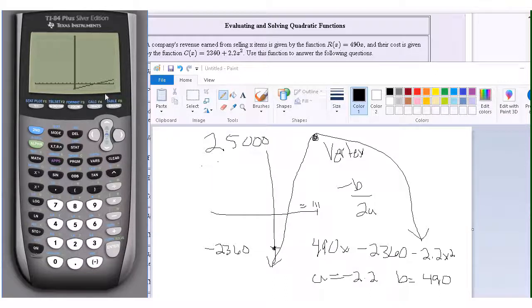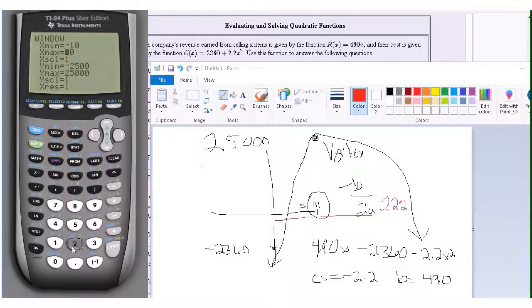The other thing is the x value where the vertex is, up to 111. If I think about from here to here being 111, I can double this to maybe 222 to get where the parabola goes up and where it comes back down. So I'm going to go back into my window, and I'm going to take the x max and make it 222, and let's just see what that does.